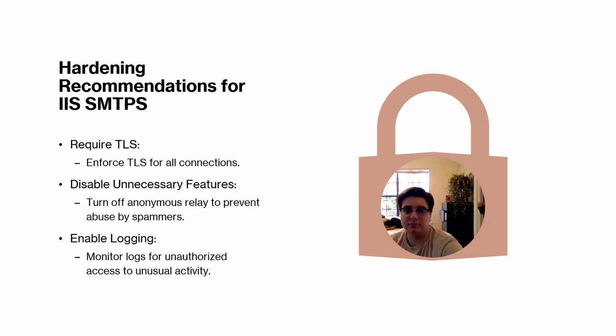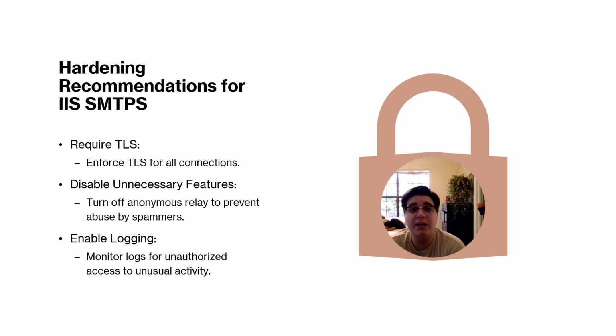Now, let's talk about hardening SMTPS on IIS. First, require TLS for all connections. This prevents the server from accepting unencrypted email, ensuring that all data remains secure. Next, disable unnecessary features like anonymous relay.